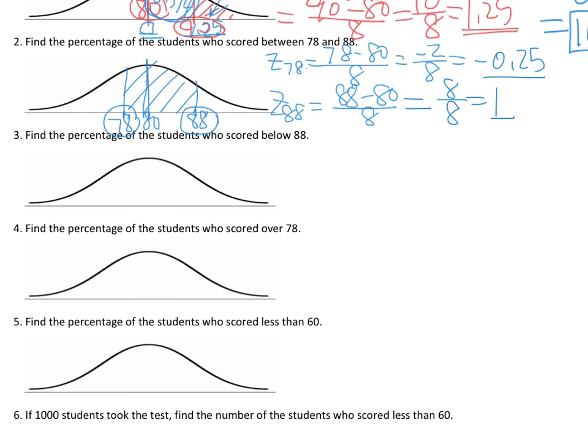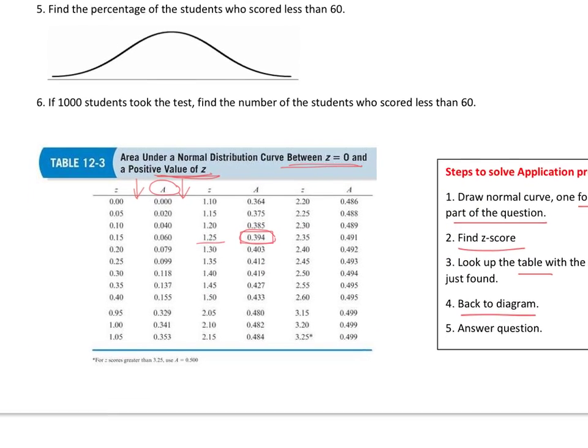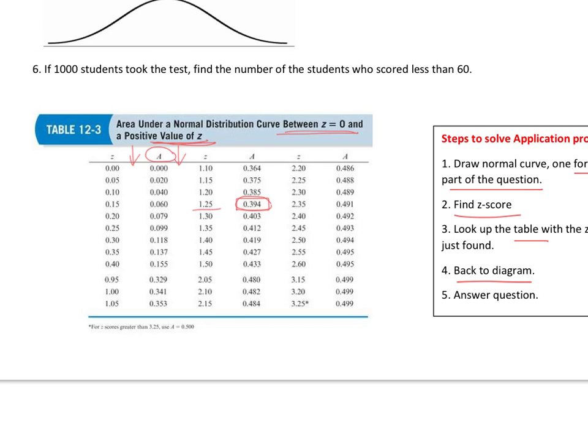Now remember, on the table, it did say we only deal with the area between z equals 0 and the positive value of z, right? So what if I have a negative value? Well, if we have a negative value, we're going to make use of the property of symmetry. We can use a positive z to treat that.